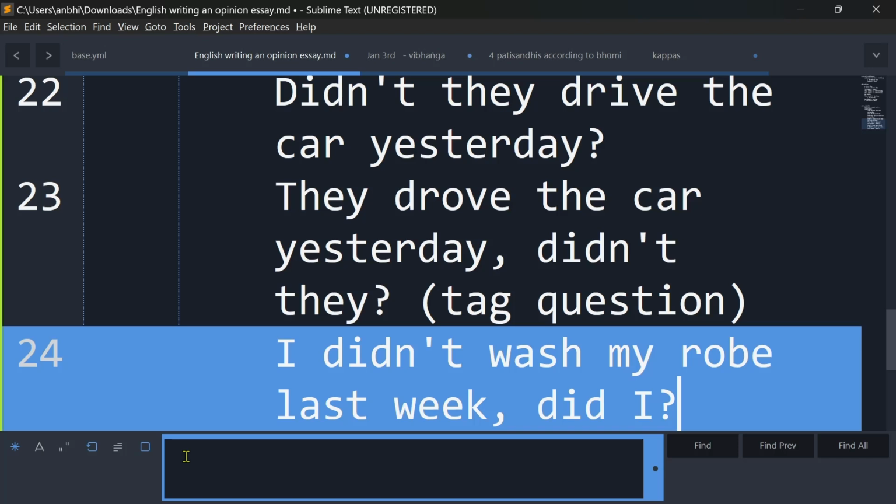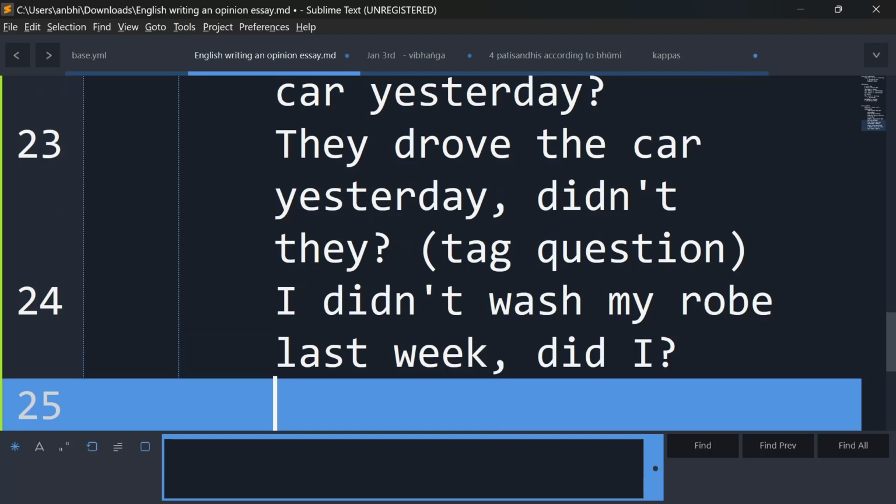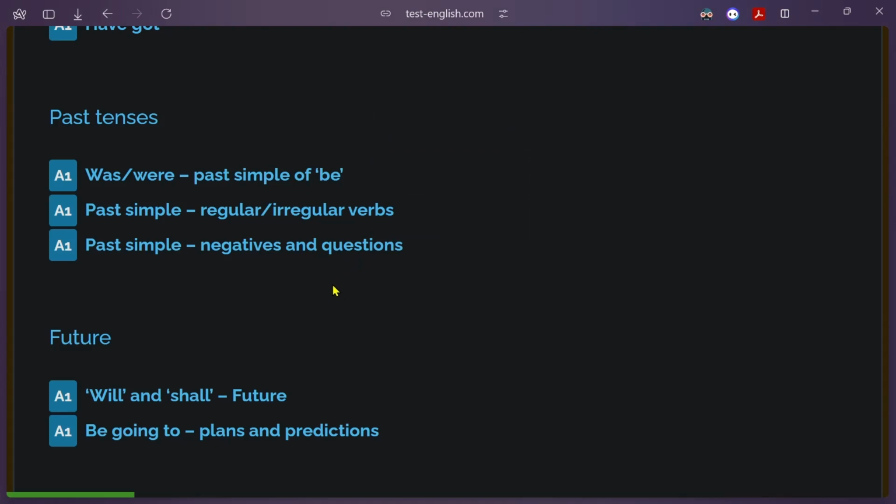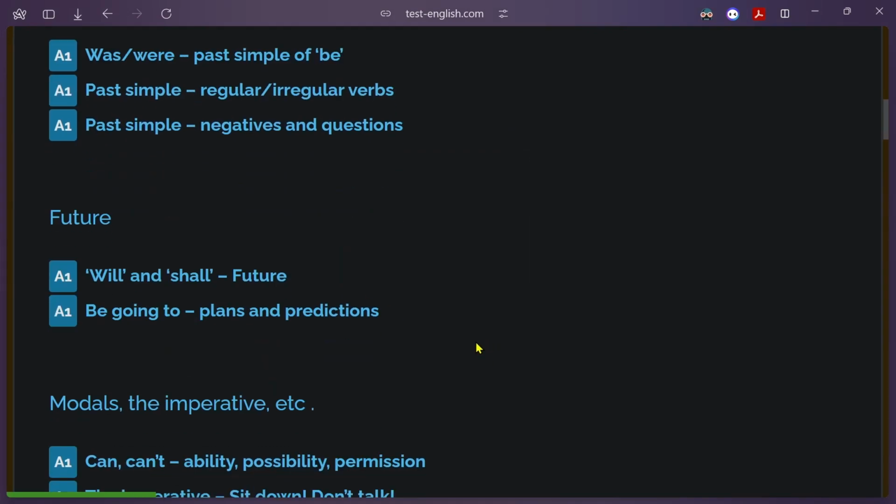Double E, sleep. But just one I, slip. Slip is like this. You're walking and you slip. Yeah, that's slip. Not sleep. Okay.